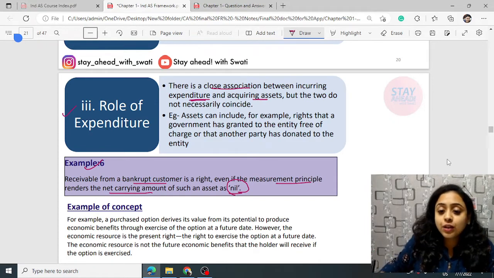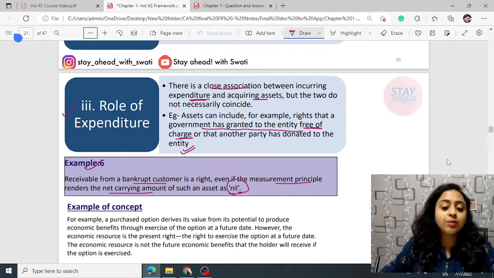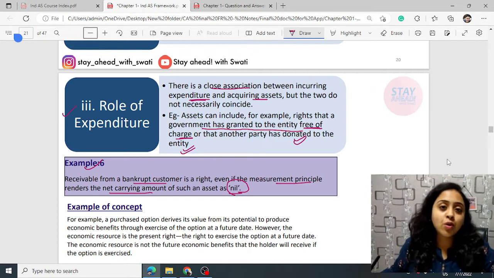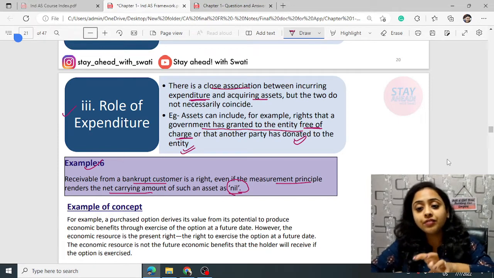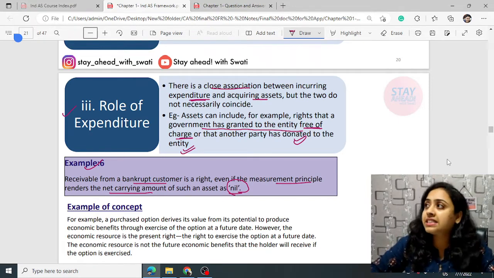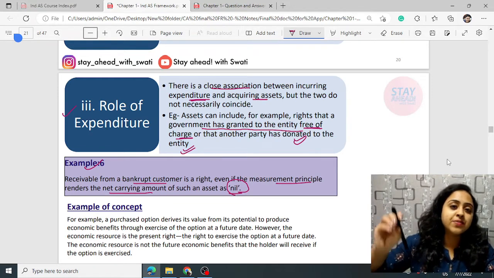For example, an asset can include rights that a government has granted to the entity free of charge, or that another party has donated to the entity. Either another party has donated them, or the entity has received them from the government at no cost. But still they have a right. For example, you will study grants in chapter 5, unit 1, Ind AS 20.